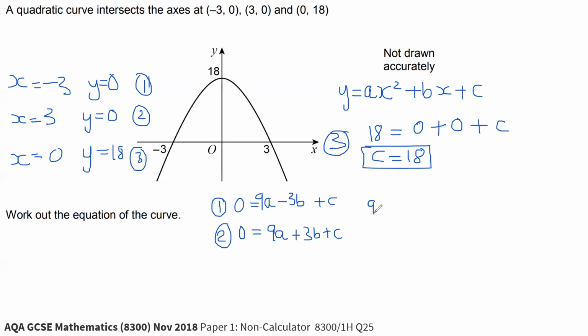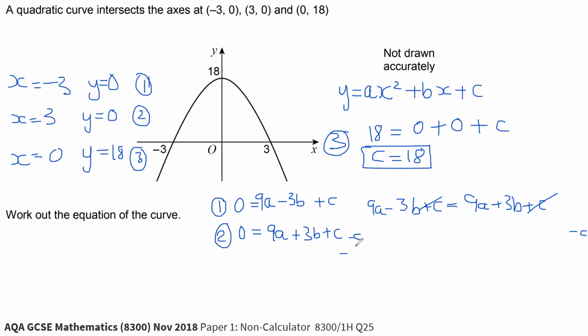So we can have 9a minus 3b plus c is equal to 9a plus 3b plus c. Now you notice that we've got a plus c on both sides, so if we subtract c from both sides, we're just going to end up with no c's at all.